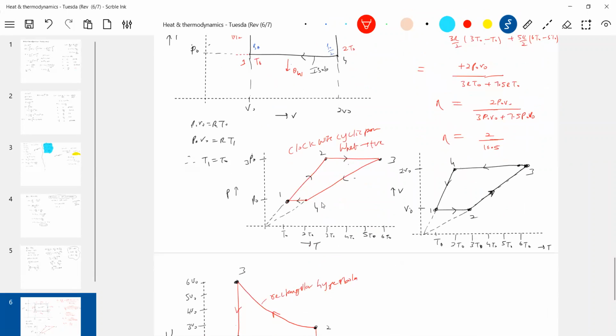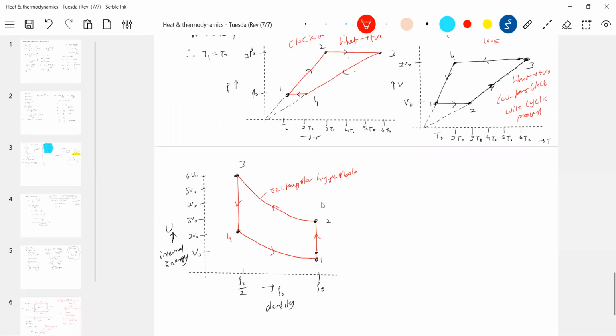In a VT graph, counterclockwise cyclic process means work done will be positive. Clockwise cyclic process in a VT graph will become negative.